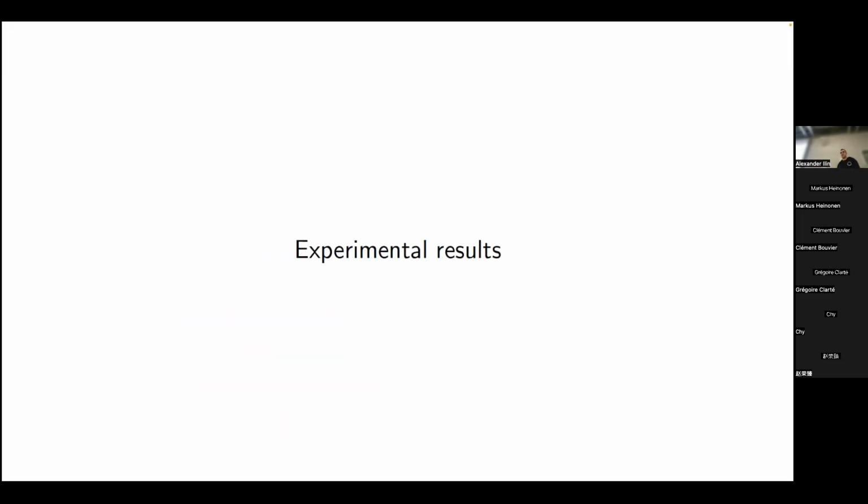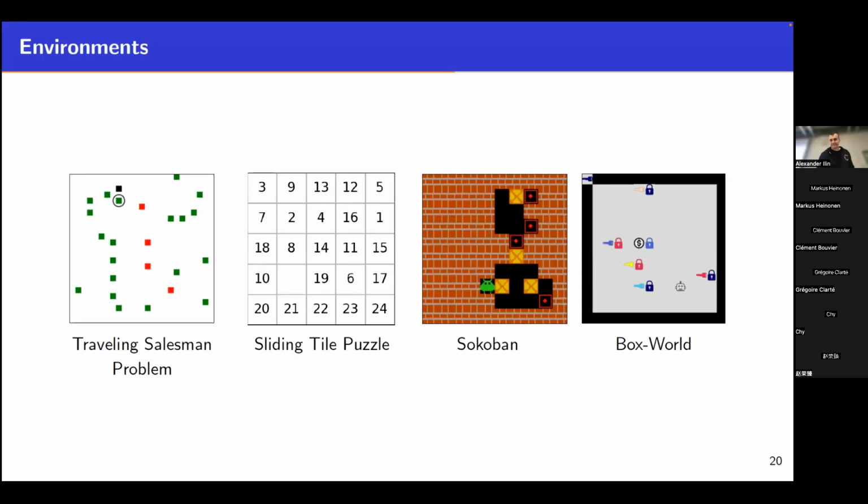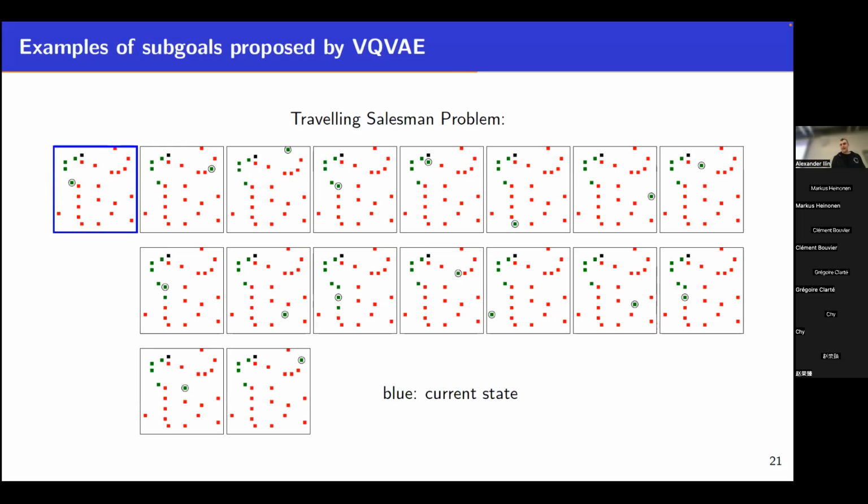So now the experimental results. We consider these 4 environments. First, I want to visualize some of the subgoals proposed by VQ-VAE during planning. This is one of the intermediate states that was proposed during planning, and those are the next subgoals proposed by the VQ-VAE as next possible subgoals.